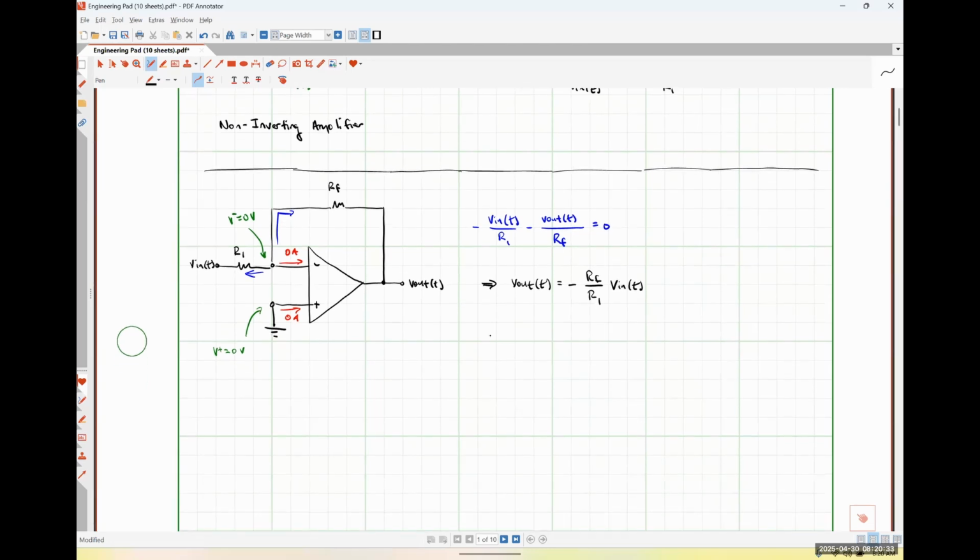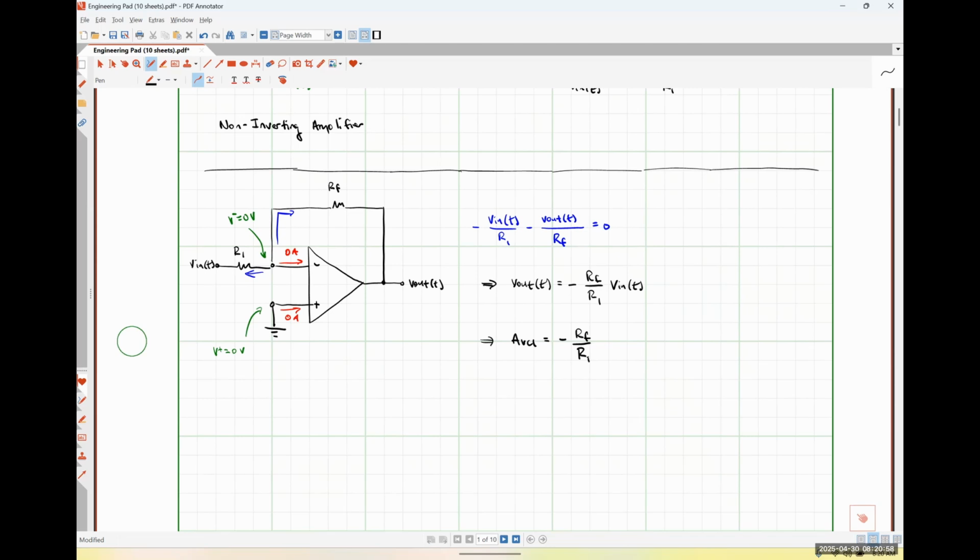voltage. And this means that our gain, AVCL, is simply negative RF over R1. So in this particular case, our input signal is applied through a resistive network on the inverting input side of our amplifier.